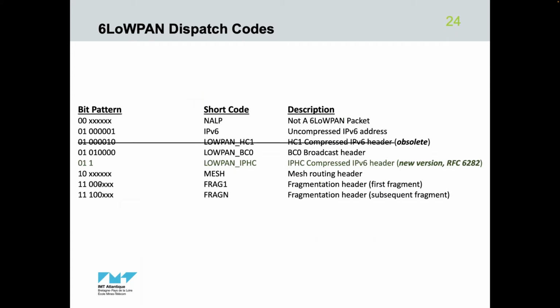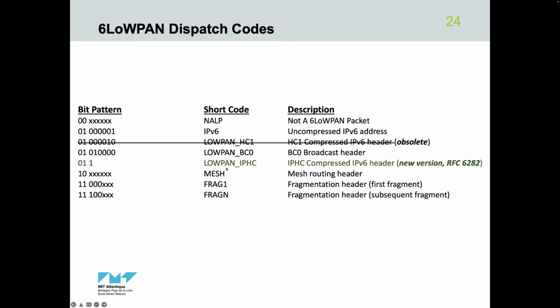So basically, RFC 4944 comes with dispatch codes to identify the header fields that follow. Including uncompressed IPv6, which is the one here that starts with 01, a series of 0 and then 1. So we have an uncompressed IPv6 packet.